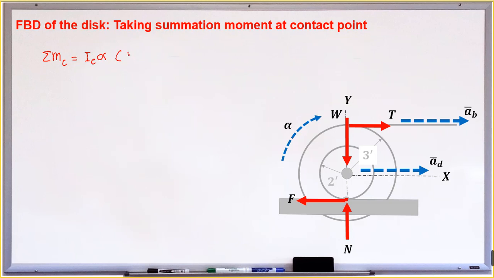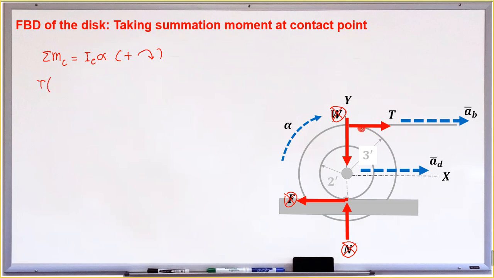So we take positive if that force would cause a moment in a clockwise direction. So we eliminate the forces that do not cause a moment at the contact point, that is the weight, the frictional force, and the normal force. So we only have the tension. Okay, tension only. So the tension would cause a clockwise moment, so therefore it takes positive.